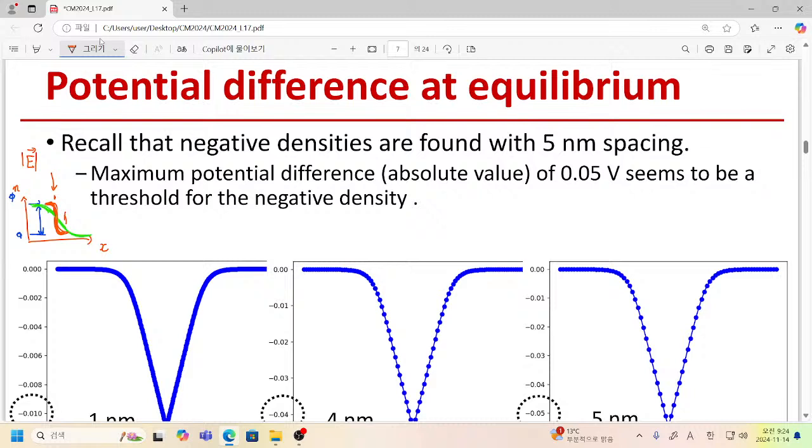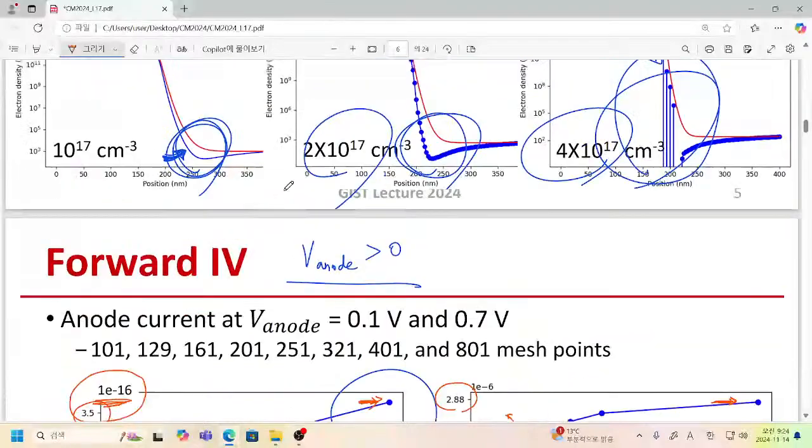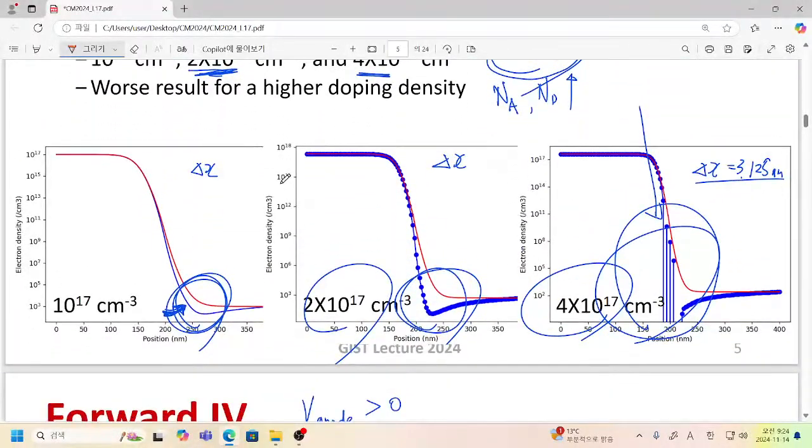So now you can understand this one. Previously we have talked about the case keeping the distance the same and only changing the doping density.